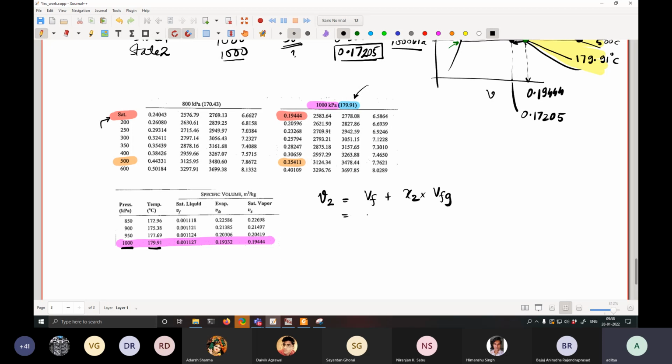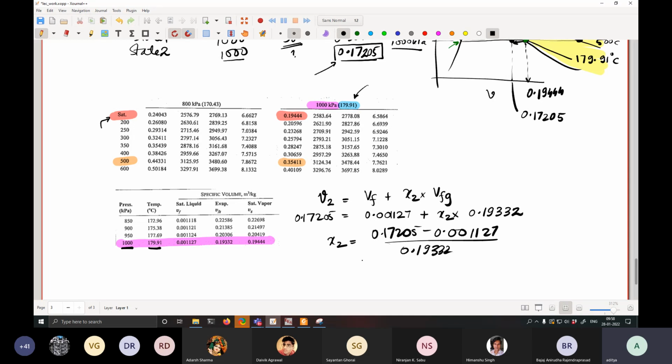So this is equal to 0.001127 plus X2 multiplied by 0.19332, and V2 is equal to 0.17205. So X2 is 0.17205 minus 0.001127 over 0.19332.